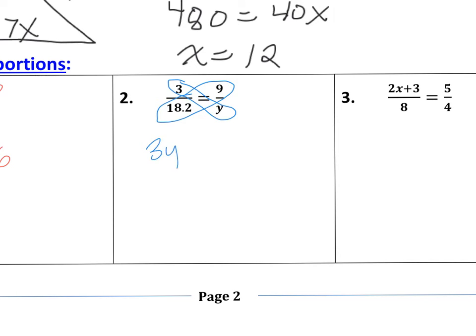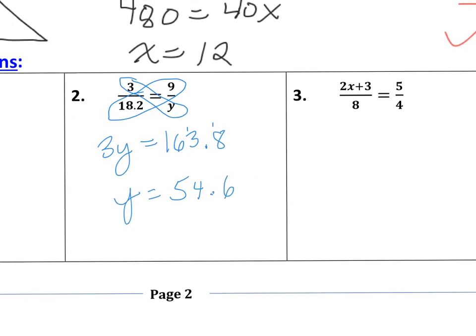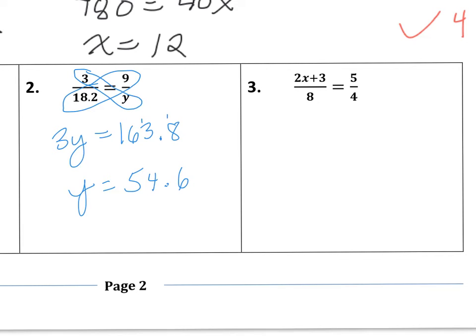We have 3y equals, and I'm going to use my calculator for that one in the interest of time, 18.2 times 9, and we get 163.8. And y equals 54.6.